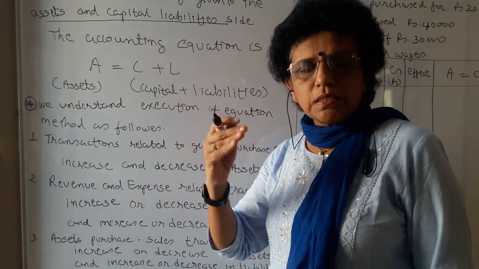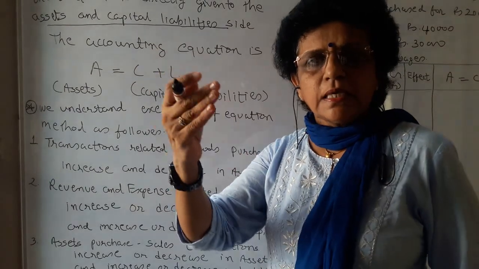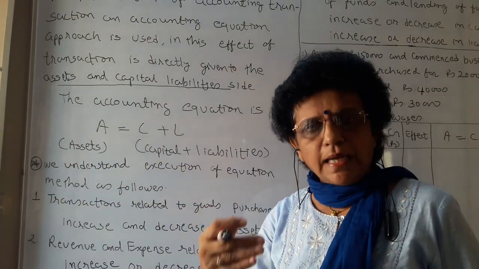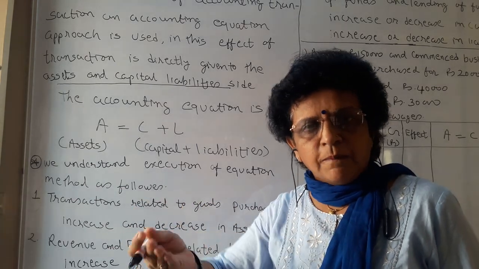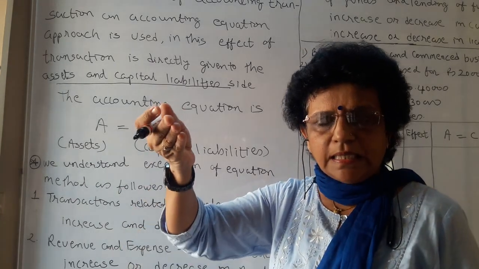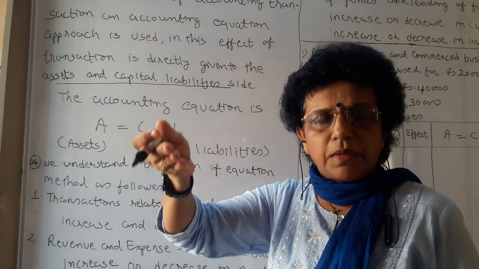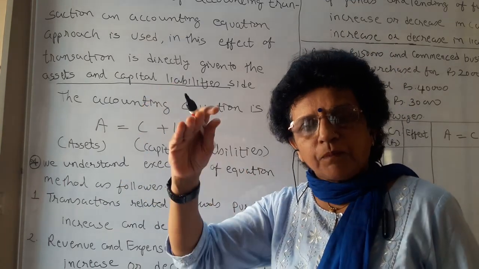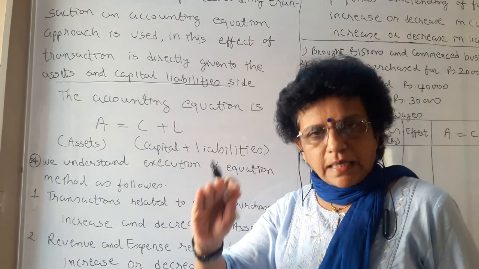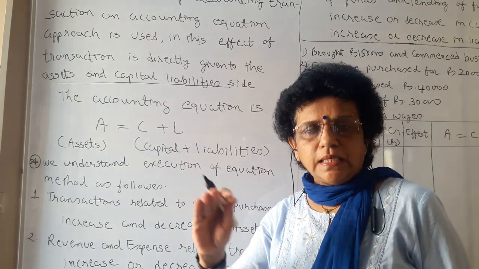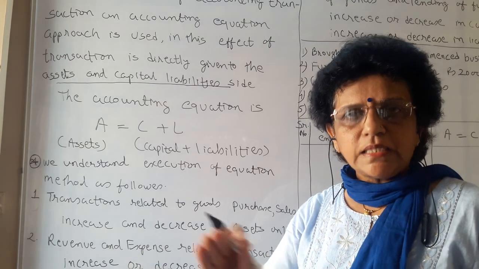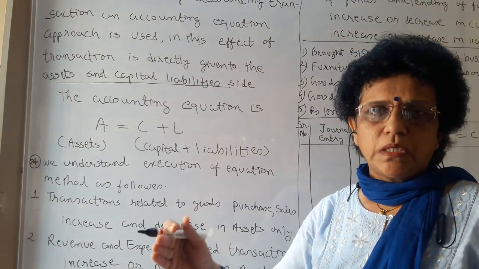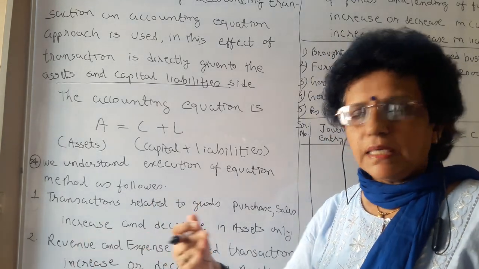When you purchase goods for cash, purchase account is debited, cash account is credited. So on one side your asset increases in the form of the goods purchased, on the other side your cash decreases, cash goes out. That is a decrease in the asset side itself. There is no change you will observe in C plus L.